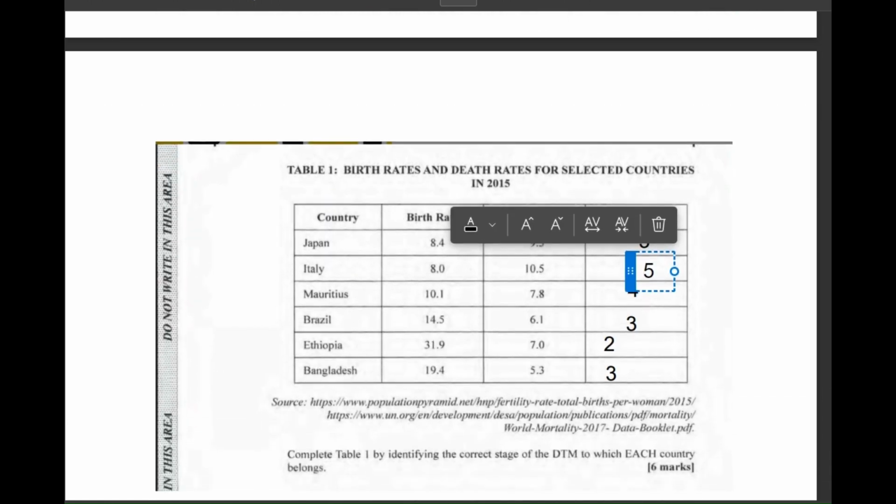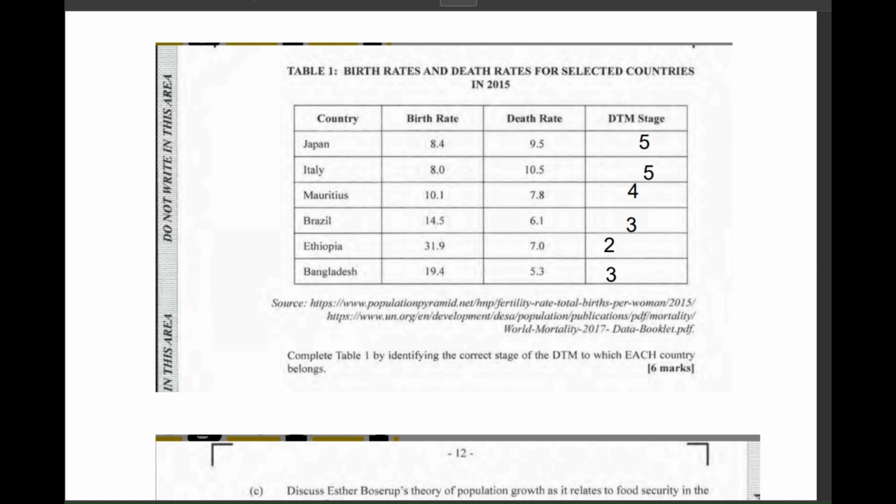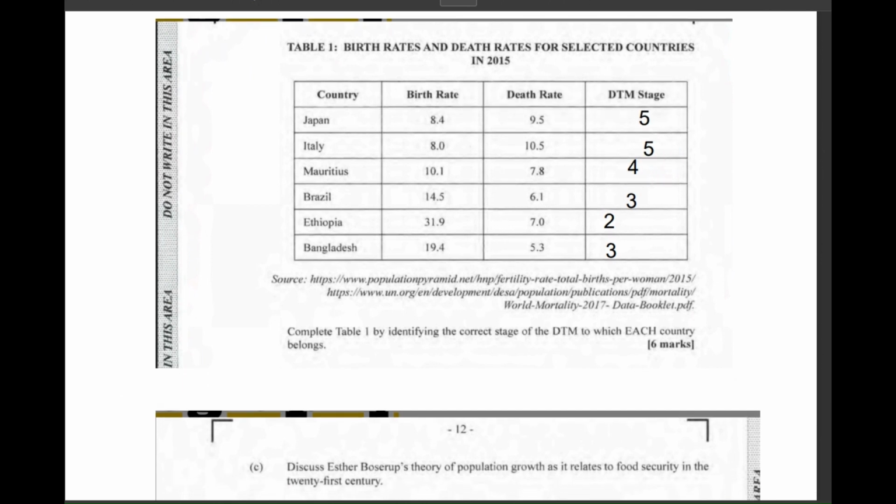The demographic transition model helps explain and make sense of changes in population demographics. So what the question wants us to do is to look at where these countries would fall with their birth rate and their death rate.